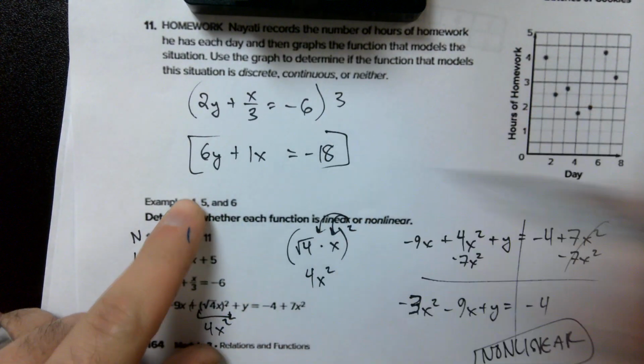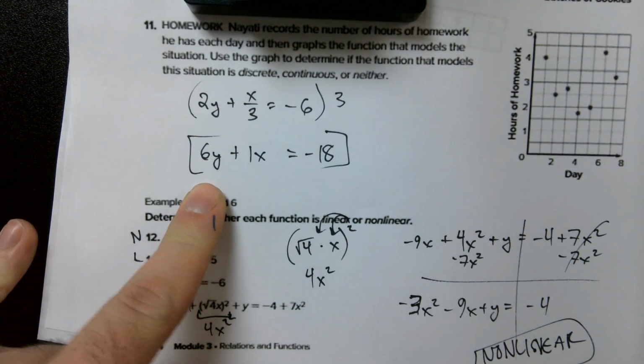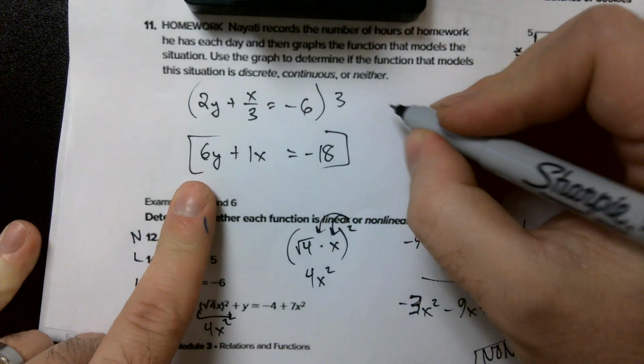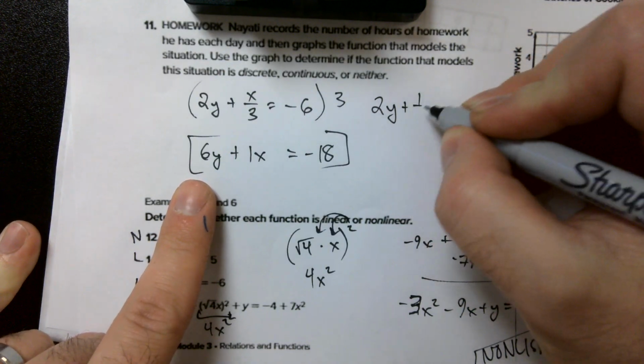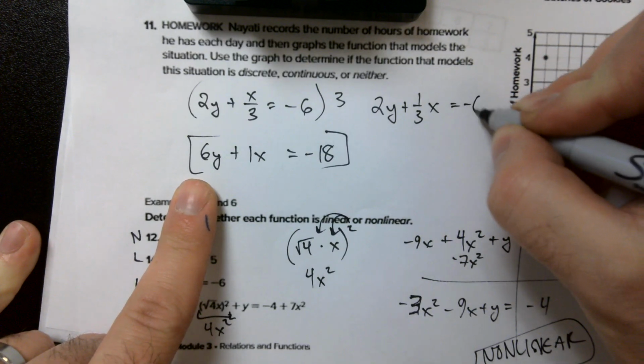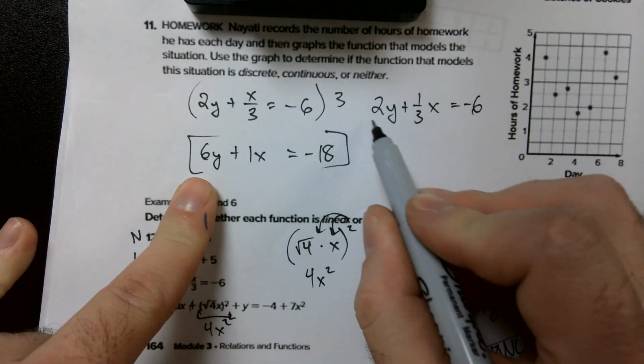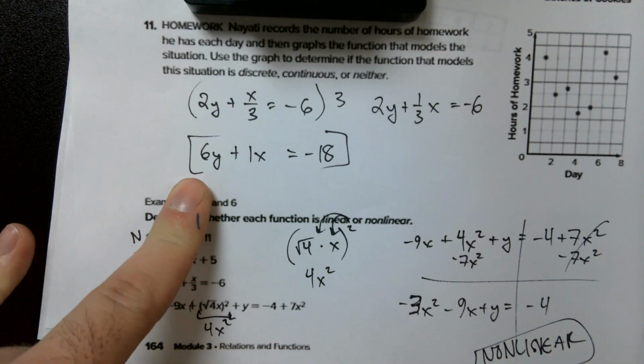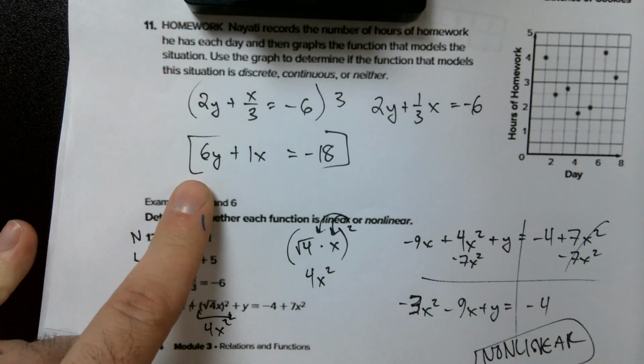That's a nice standard form equation, ax plus by equals c, right? I technically don't even need to do that. I could just rewrite this as 2y plus 1/3 x equals negative 6. It's still ax plus by equals c. A can be a fraction as long as it's a number, a rational number, right?